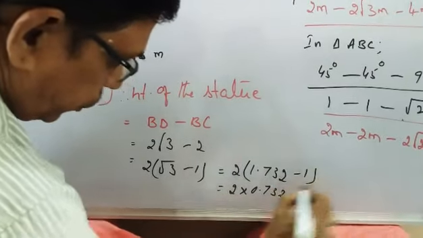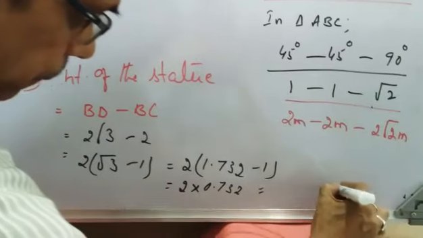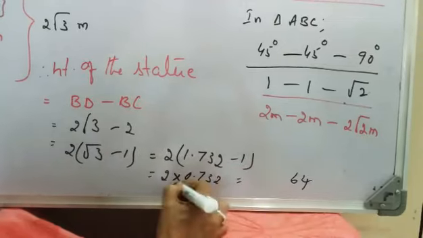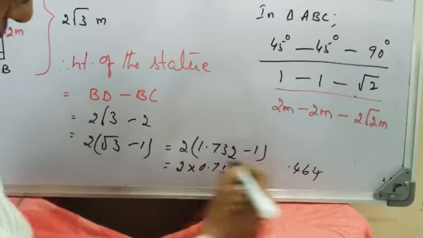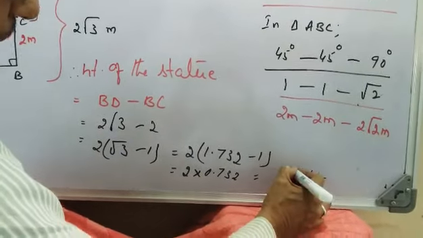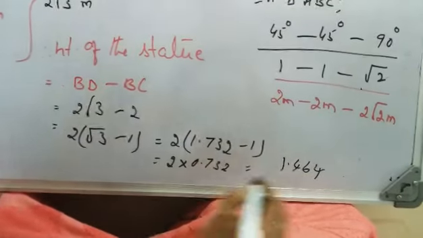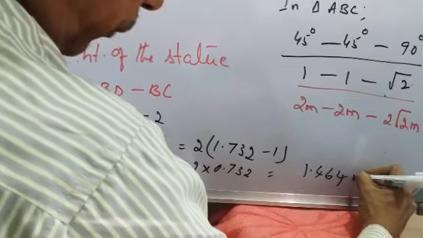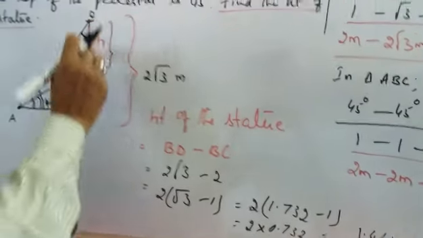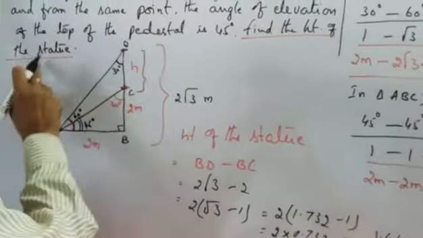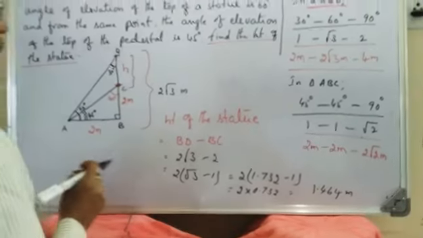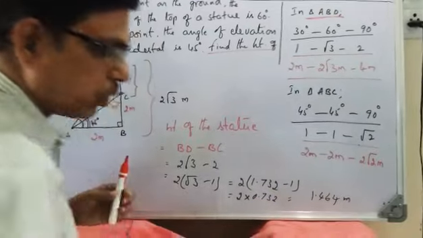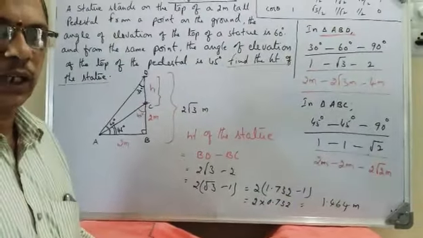So that is equal to, 2 fours are 8... 2 2s are 4, 2 3s are 6, 2 7s are 14, here we get 1.464 meters. This is what? This is the height of the statue. Therefore the height of the statue is equal to 1.464 meters. Is it clear, all of you?